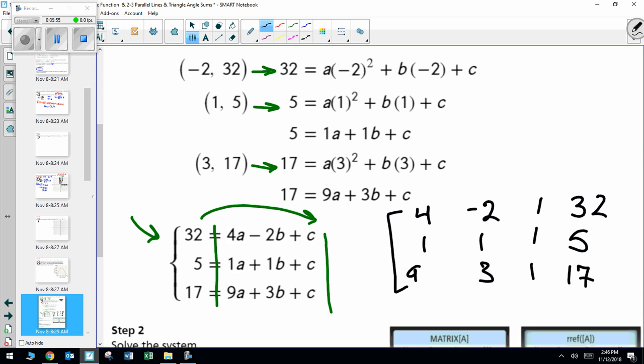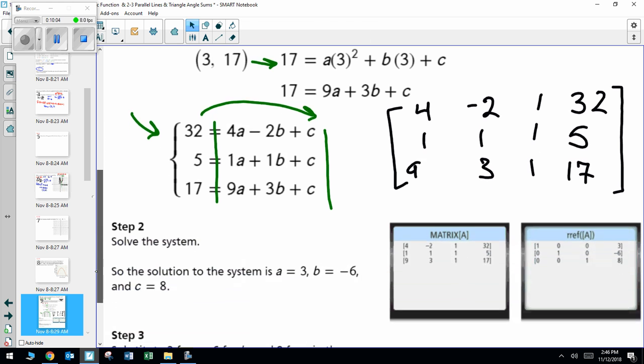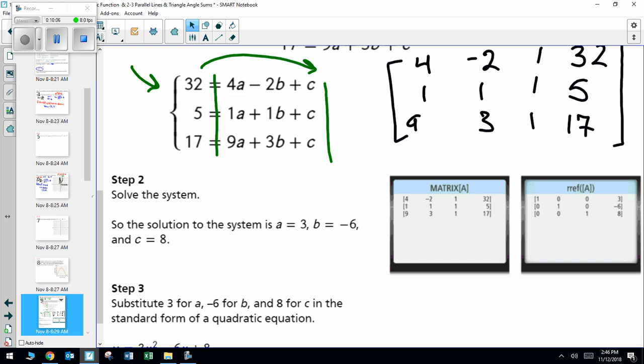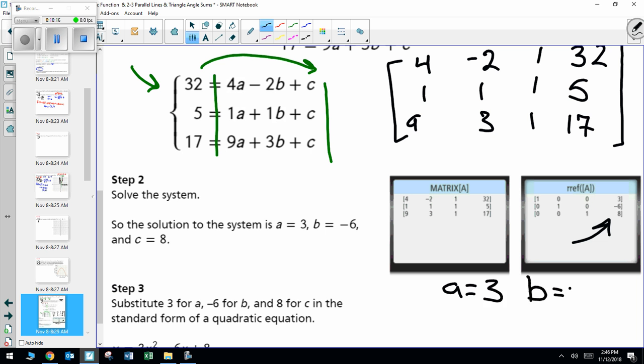And once I put that into the matrix calculator, and I put it in the reduced row echelon form, we'll get out my values for A, B, and C in the final column, and it tells us A is 3, B is -6, and C is 8.